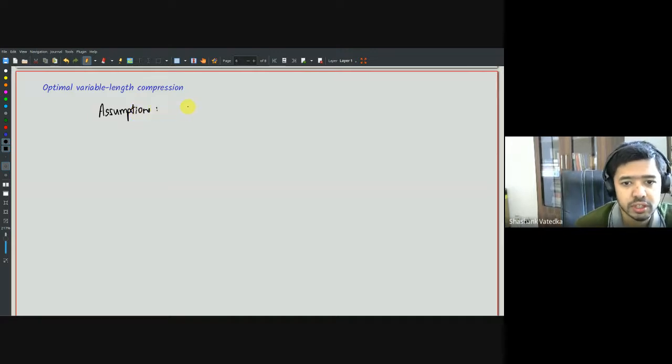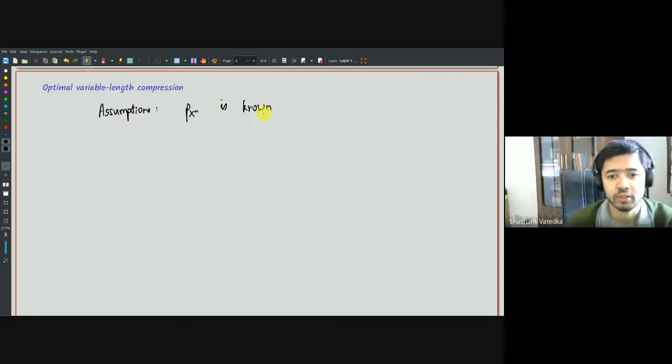So the assumptions are that P_X^n is known to both the encoder and the decoder, n is known, and you can use as much computational power as possible.